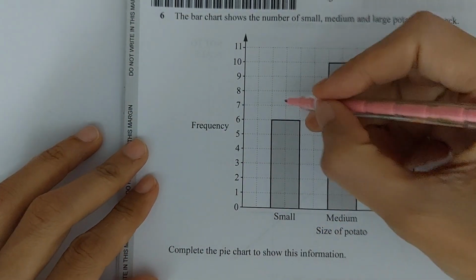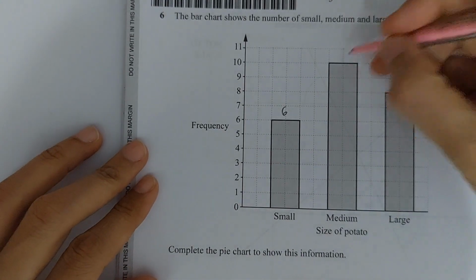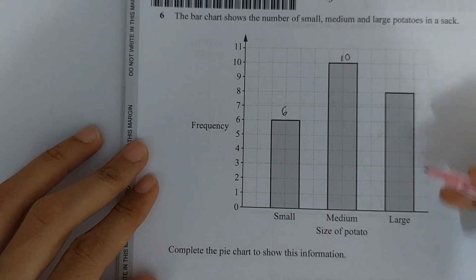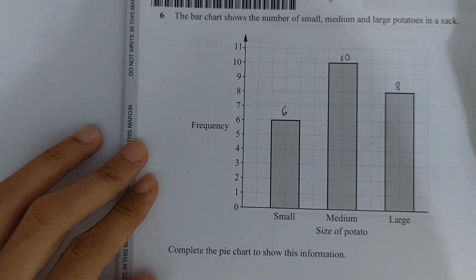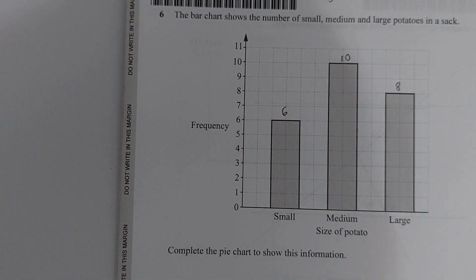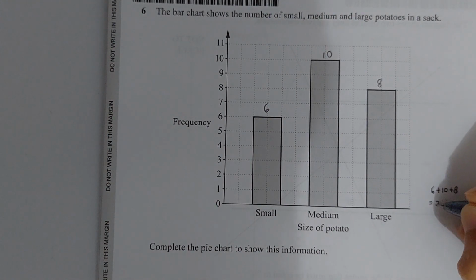The small, we have 6. The medium, we have 10. And then after that, the large, we have 8. So the total potatoes that we have right now, it will be 6 plus 10 plus 8. That one will be 24.